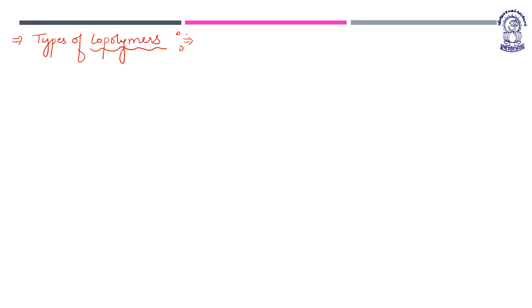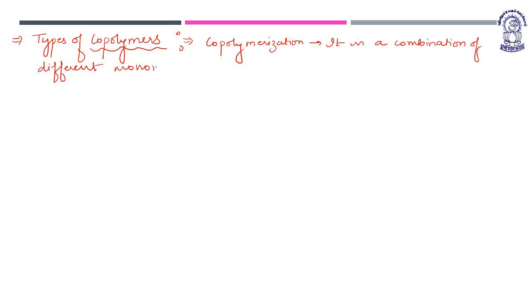Copolymerization is a combination of different monomeric units, structurally and functionally.